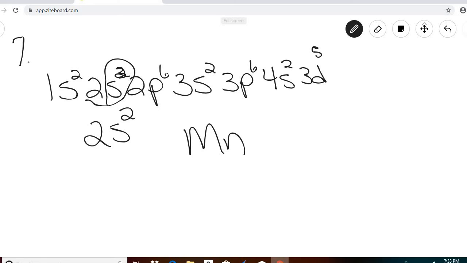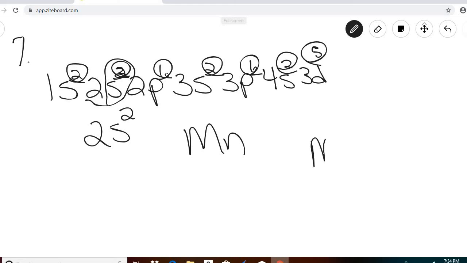And if you add up all these electrons, you're going to get 25. If you look on the periodic chart, manganese is number 25. So it has 25 protons, and therefore it has 25 electrons.